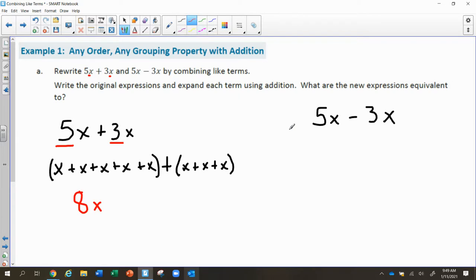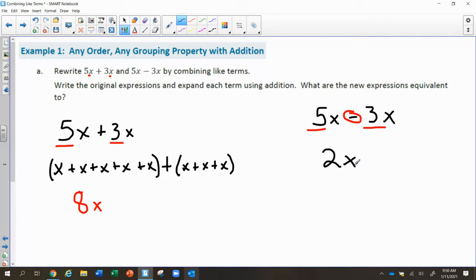But rather than rewriting that all out, I'm just going to take the coefficients. Make sure I check my sign here. And I'm just going to do 5 minus 3 equals 2. And my variable is x. Okay? Remembering that x can stand for anything.